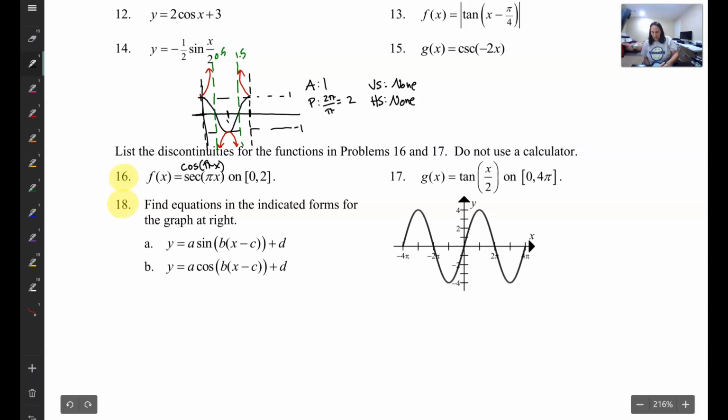So that was 1, that was 2. Now when it says list the discontinuities, that's basically where the function doesn't exist, where it's undefined. So the discontinuities here are at x equals 0.5 and 1.5, my asymptotes. And that's it.